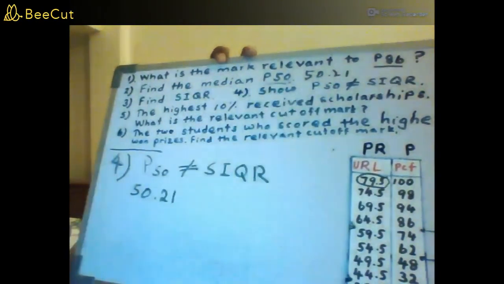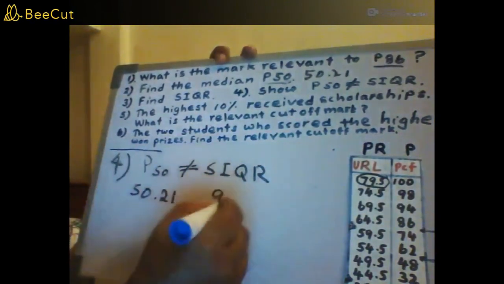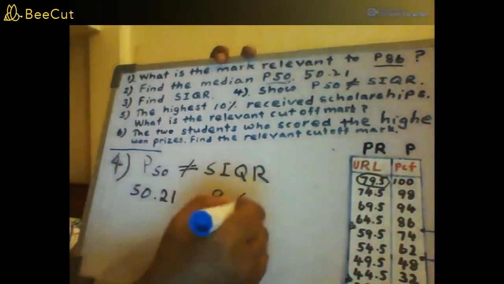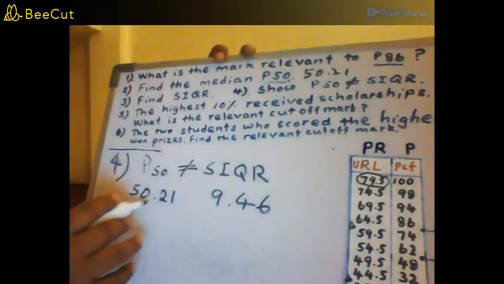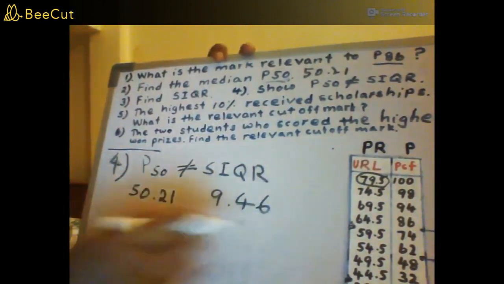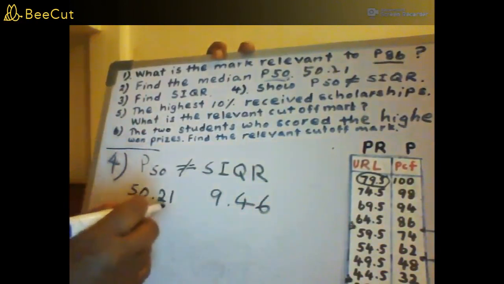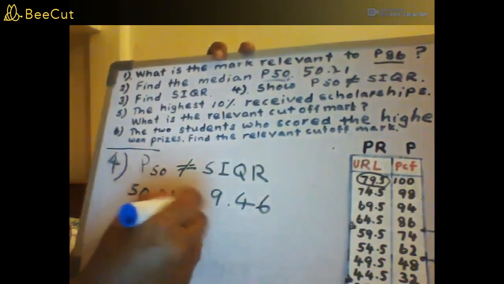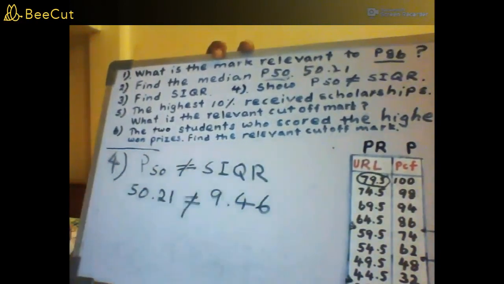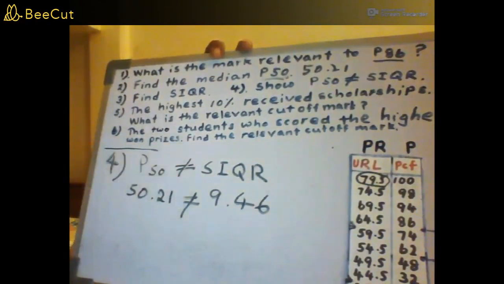SIQR, we just calculated now, 9.46. Now these two values, are they the same? No. 50.21 does not equal 9.46. So P50 is not SIQR.